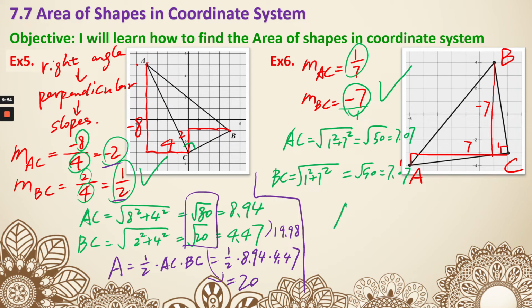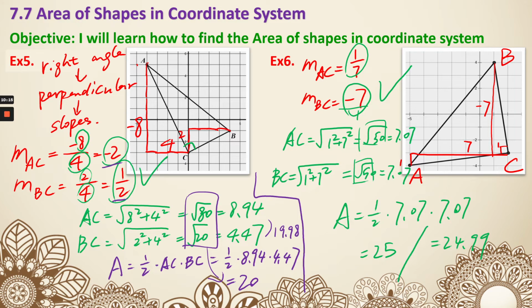Lastly, area is 1/2 times the 7.07 times another 7.07. If you choose to use the decimals, you're going to get an answer that is 24.99. Or you can choose to use the radical. Square root of 50 times square root of 50 is 50. Times 1/2, it is 25. So I would accept both.